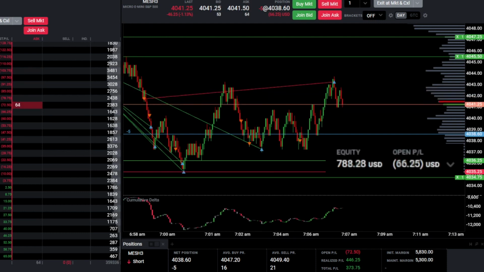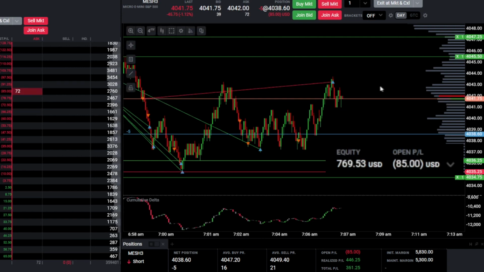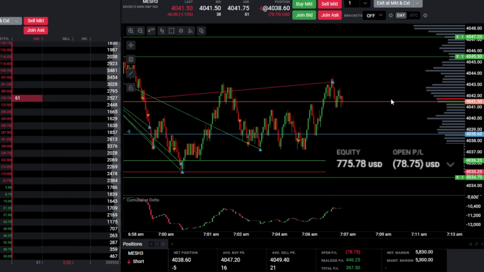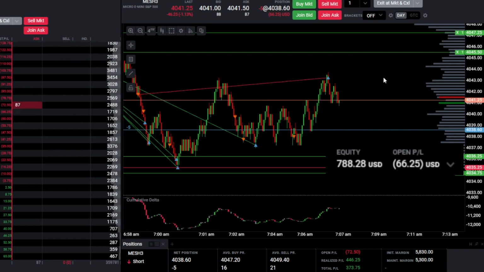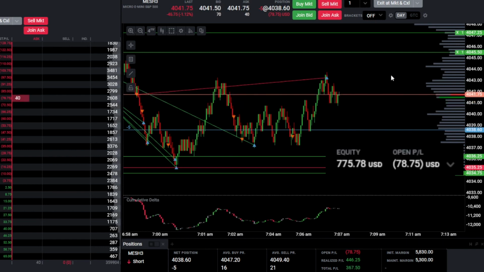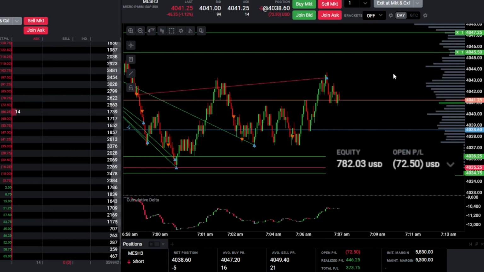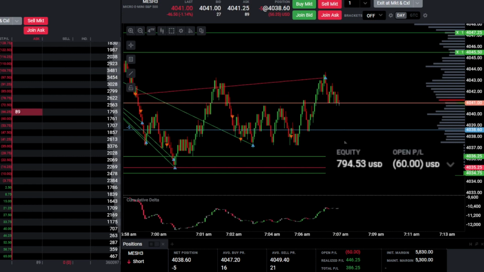Uptick on volume on that SPY candle, on the 1 minute. So that's not ideal. But if we can reverse back down to here, I'll get aggressive. I'll add like 2 or 3 more contracts, so we'll be up to like 7 or 8 contracts. And then I think that'll be the move we get.